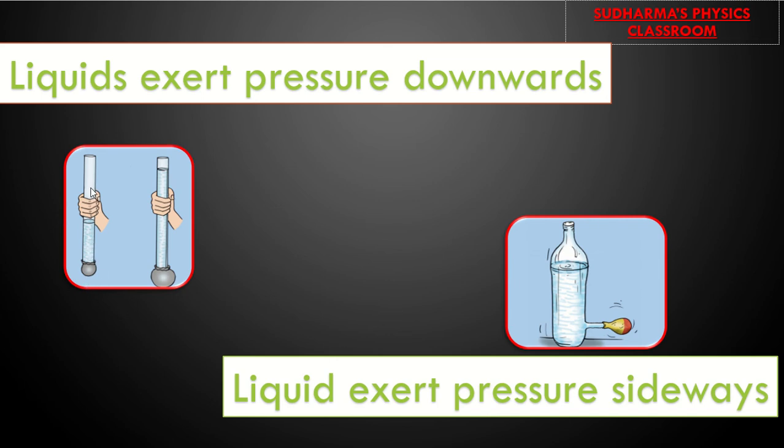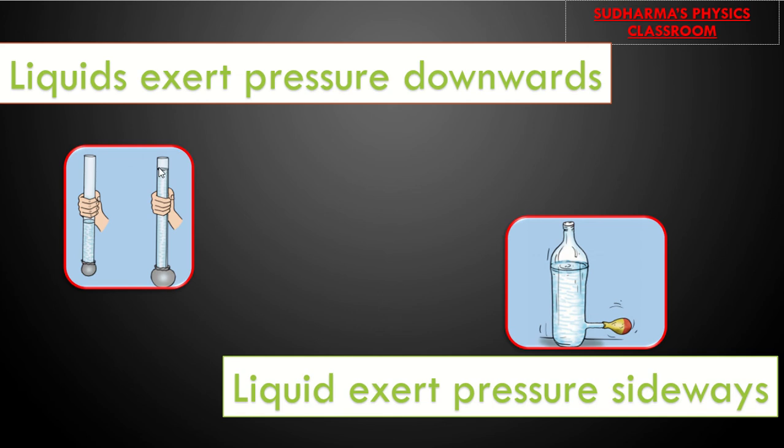So you pour water into that. Depending on the amount of water, depending on the length of the water column inside the tube, the pressure exerted on the balloon will be different. As I said, when you pour more and more water, the size of the balloon keeps on increasing. That means the pressure exerted by the water on the balloon is increasing.